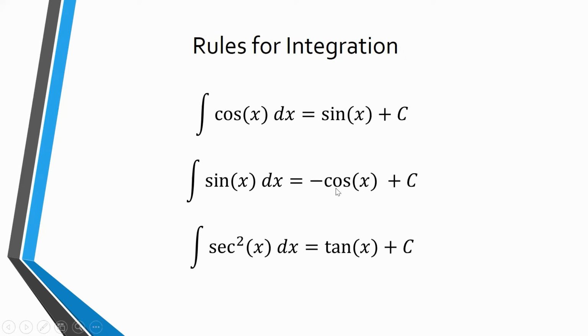The derivative of cosine is negative sine. So in order to get rid of the negative, I have to throw a negative out front. So when I take a derivative of sine becomes cosine. Derivative of negative cosine becomes positive sine. I always have to tack on a plus c when I'm doing an indefinite integral, because I want the class of all antiderivatives.